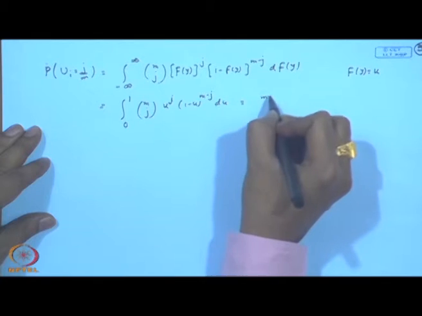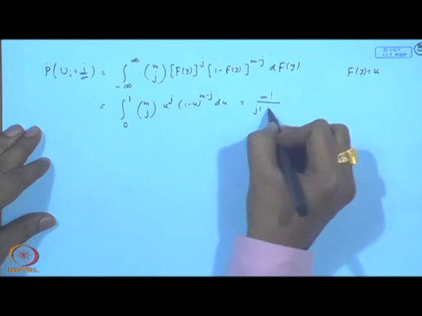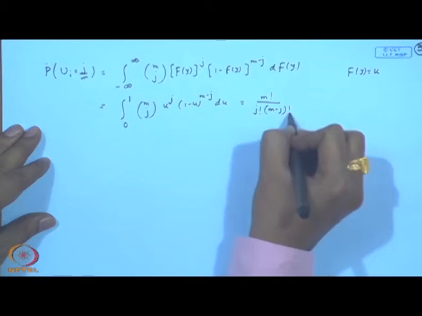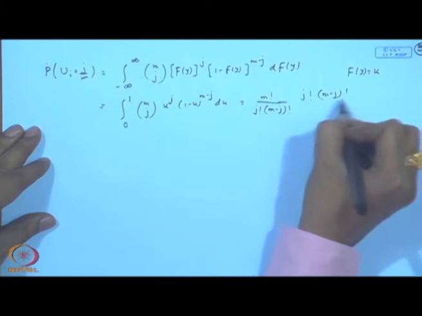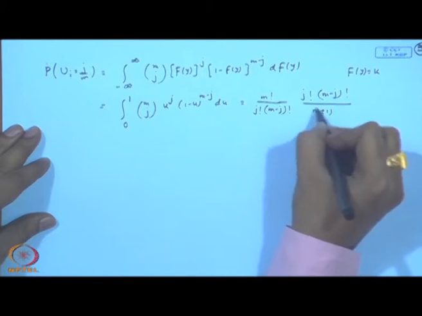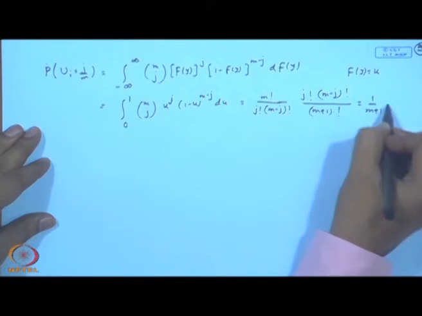So, this can be evaluated: m C j I write as m factorial by j factorial, m minus j factorial, and this is becoming then j factorial, m minus j factorial divided by m plus 1 factorial, which is nothing but 1 by m plus 1.